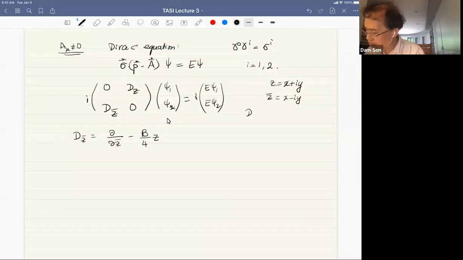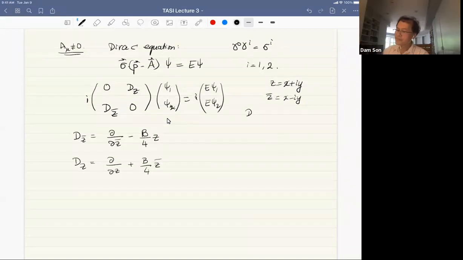Yeah, I use some kind of gauge for A. You can choose a gauge for A. Here it's in the gauge where A_x equals half B y, A_y equals minus half B x.